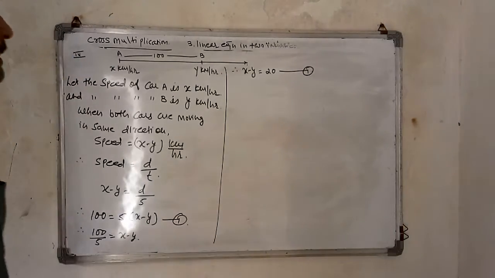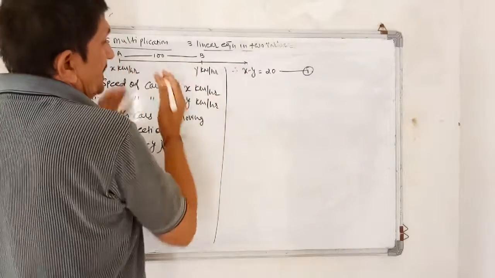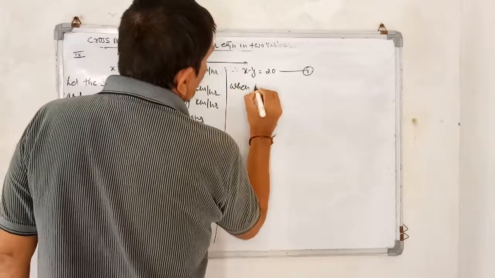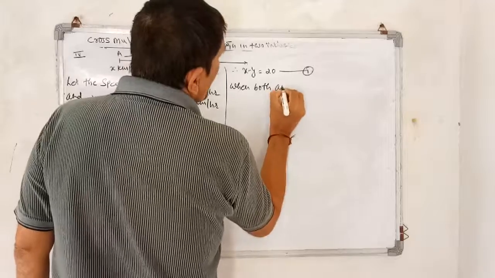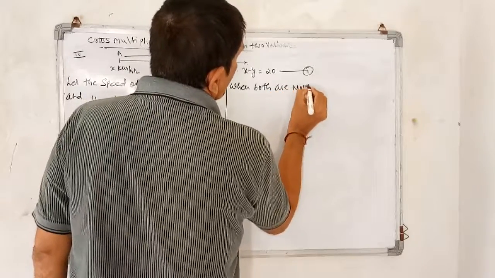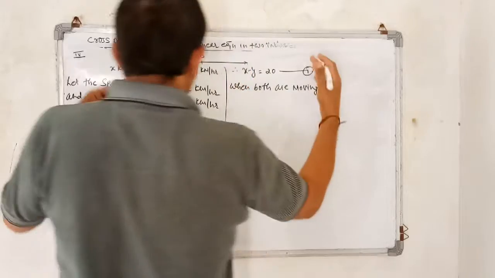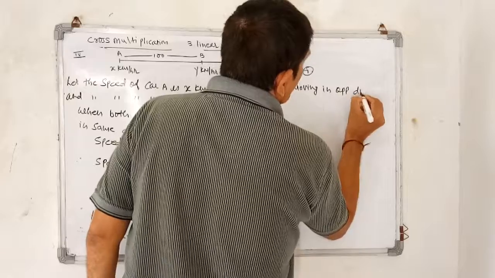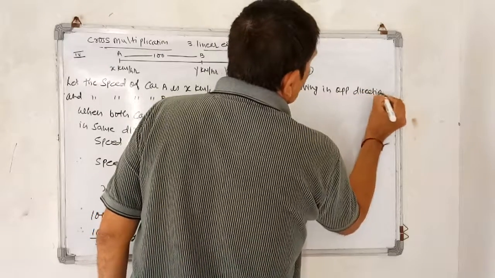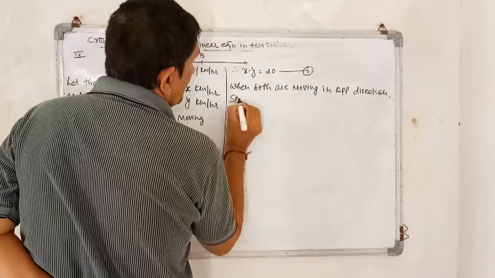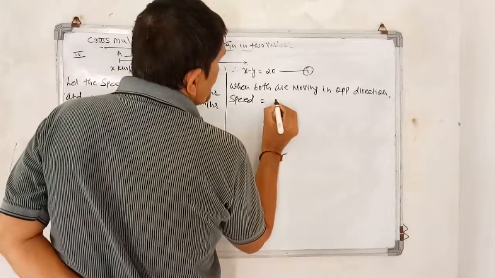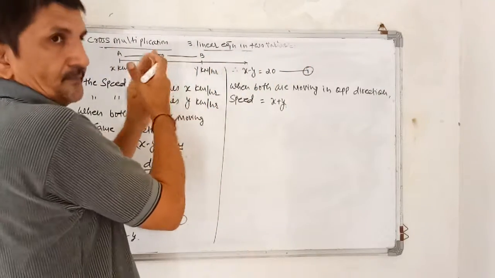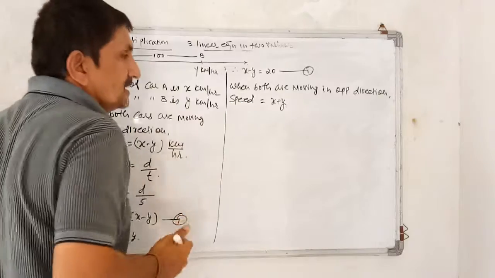Second, when both are moving in opposite direction, speed is equal to x plus y, because x and y are both added and somewhere they are meeting.